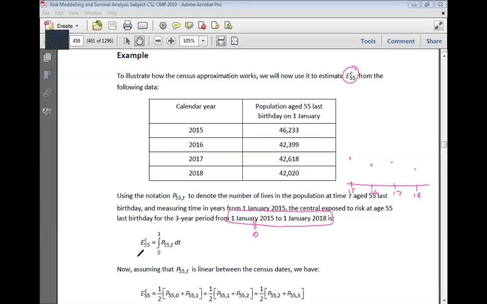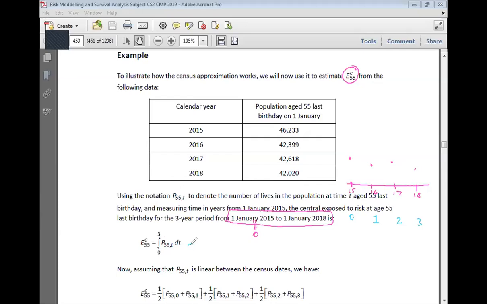But I only observe these t's when I have 0, 1, 2, and 3. So let me take a different color and write it here. 15 represents 0, this represents 1, this represents 2, and 18 represents 3. If I only know information at 0, 1, 2, and 3, I will use the approximation formula that we studied.